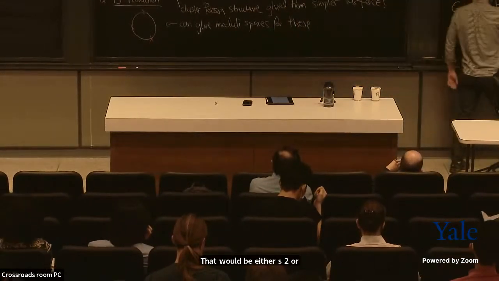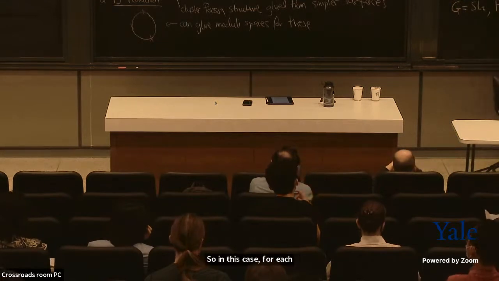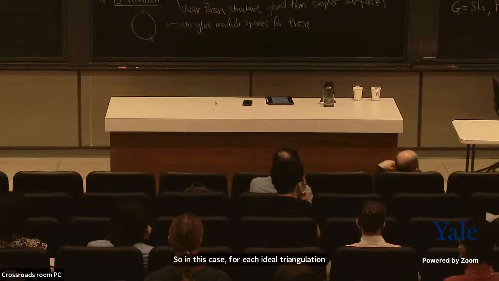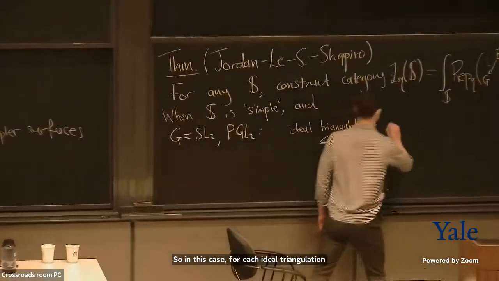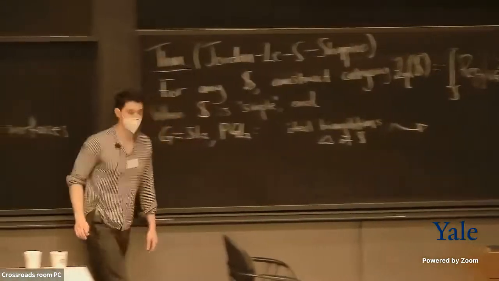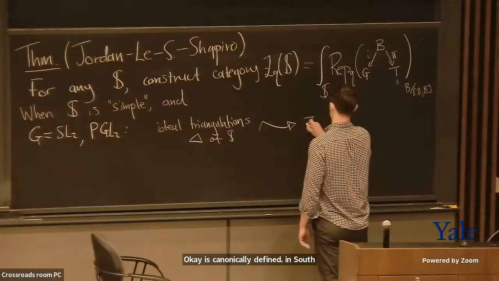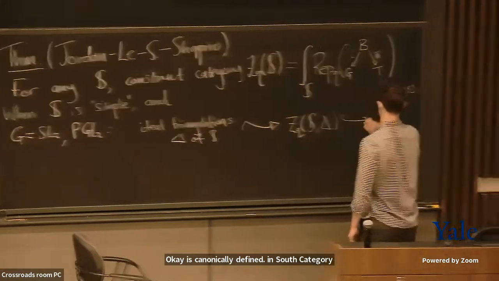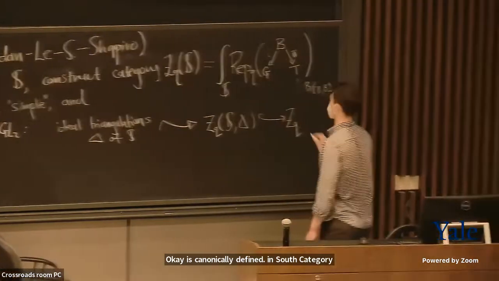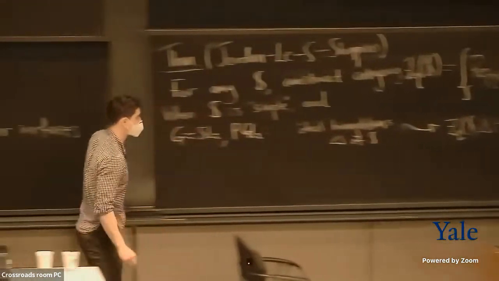So in this case, for each ideal triangulation of our decorated surface, there's a canonically defined open subcategory inside of the category associated with the surface.